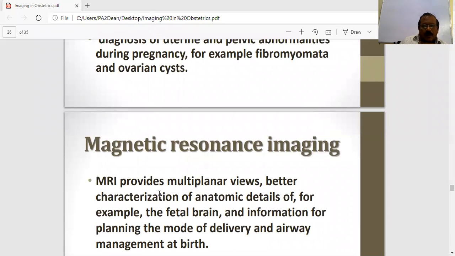Then coming to MR imaging, magnetic resonance imaging.